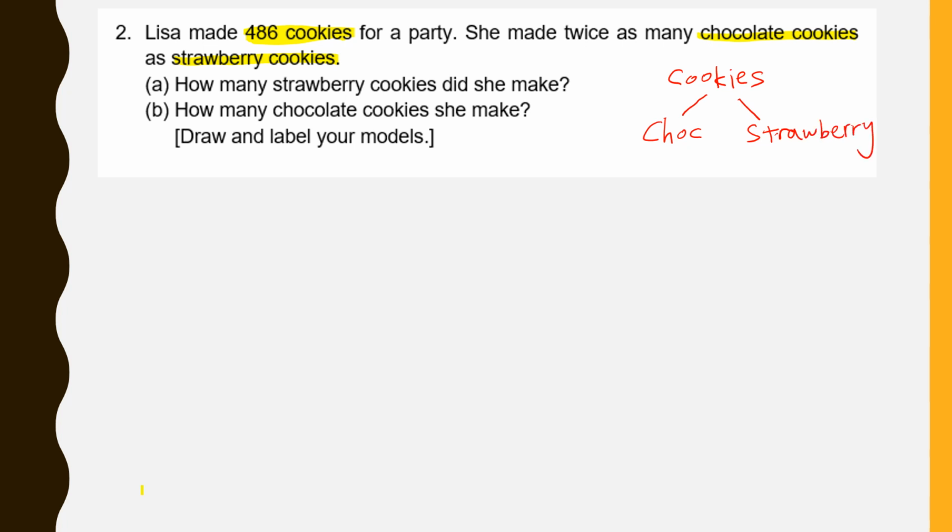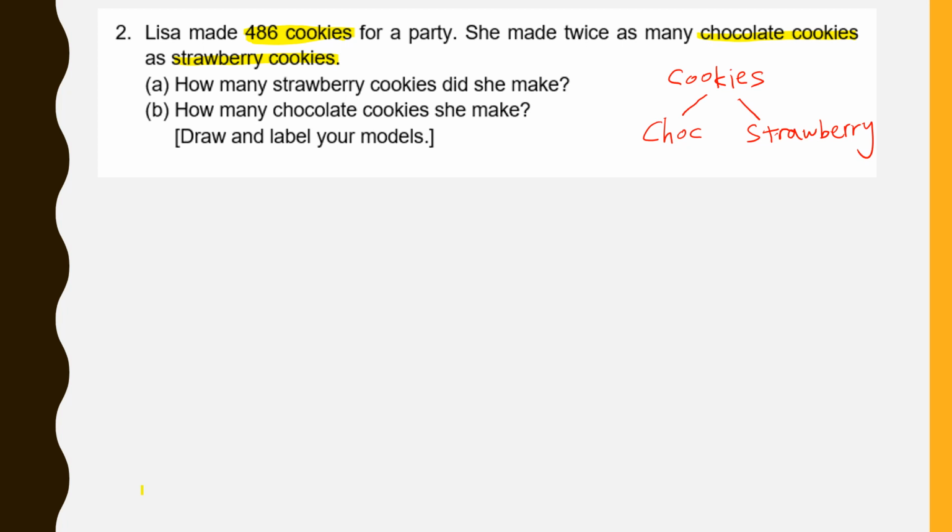So there's two types of cookies. So we can actually draw a model now, because we have drawn this mind map. We know that the cookies on top, 486, is the given total, and the chocolate and the strawberries are called the variables.